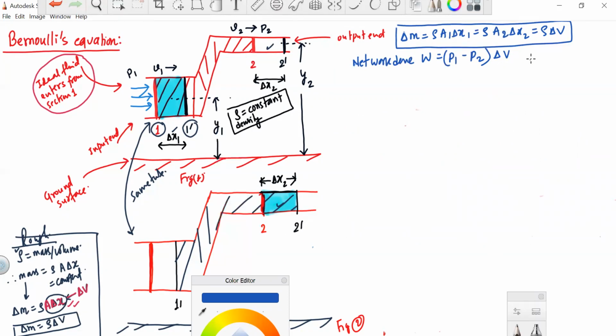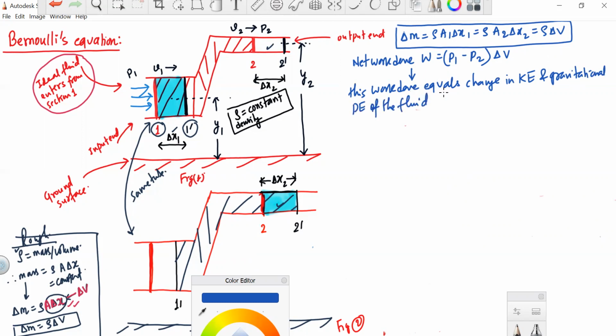Now this work done equals change in kinetic energy and gravitational potential energy of the fluid of mass delta m, and delta m is given by this expression.